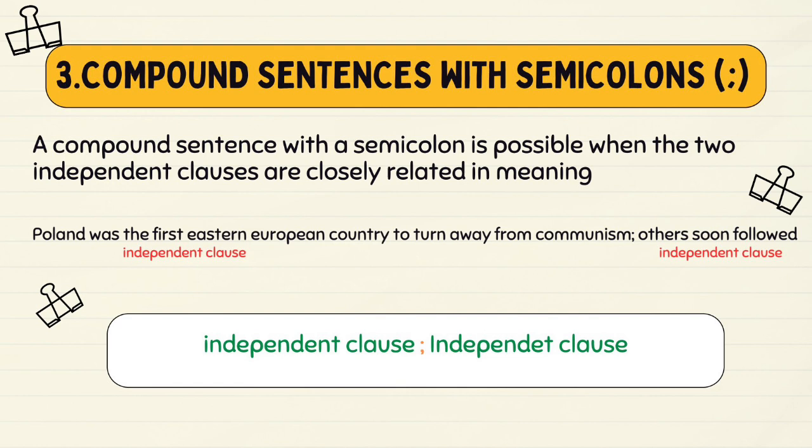This sentence has two independent clauses. The first one, Poland was the first Eastern European country to turn away from communism. The second independent clause is, others soon followed. These two independent clauses are joined by a semicolon.